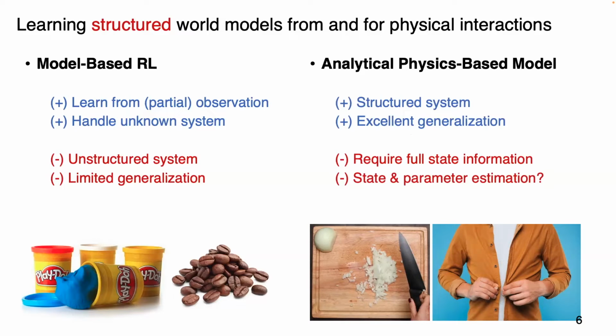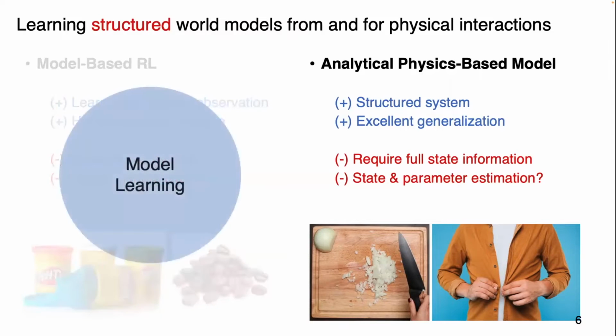Or for the shirt folding task, although we humans can do this task based on only local information, if you want to have a simulator and simulate this whole process, we need to know the full state of the clothes before we can use the physics-based model to model the interactions. So both methods have their pros and cons.